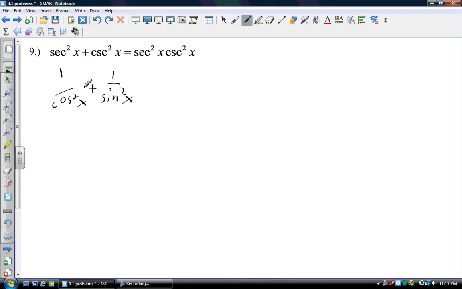Now again, they're still separated here. Over here, they're not separated. They're linked together. So I should probably be adding these together and actually get one thing. Well, I need common denominators. The common denominator would be cos squared, sin squared. I would need both of those. So really the first fraction is missing the sin squared. The second fraction is missing the cos squared.